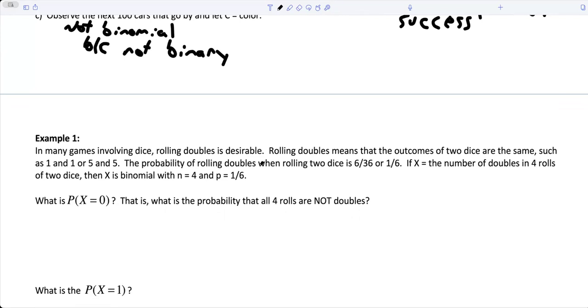So what is the probability that X is equal to 0? That is, what is the probability that all 4 rolls are not doubles? In this case, success would be defined as we roll doubles, and failure would be we do not roll doubles.